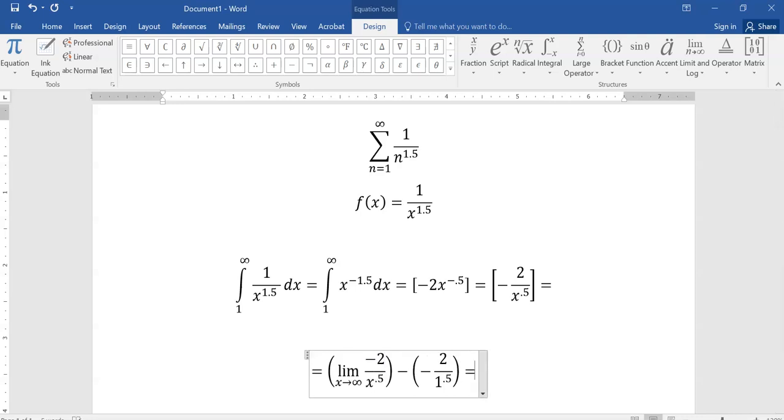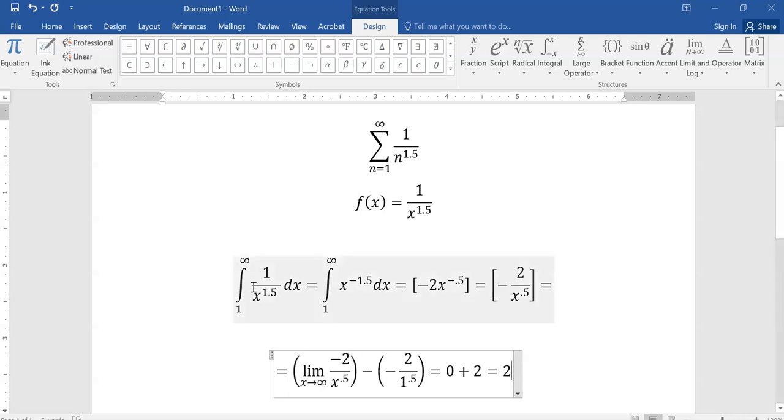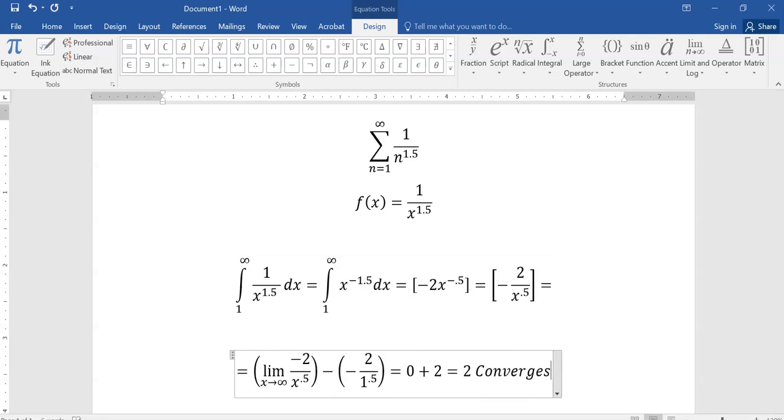So you end up with that first term of 0, and then minus a negative 2 over 1 to the 0.5 power. 2 divided by 1 to the 0.5 power is just 2. So you end up with a plus 2. And therefore, this integration converges to 2. All right.